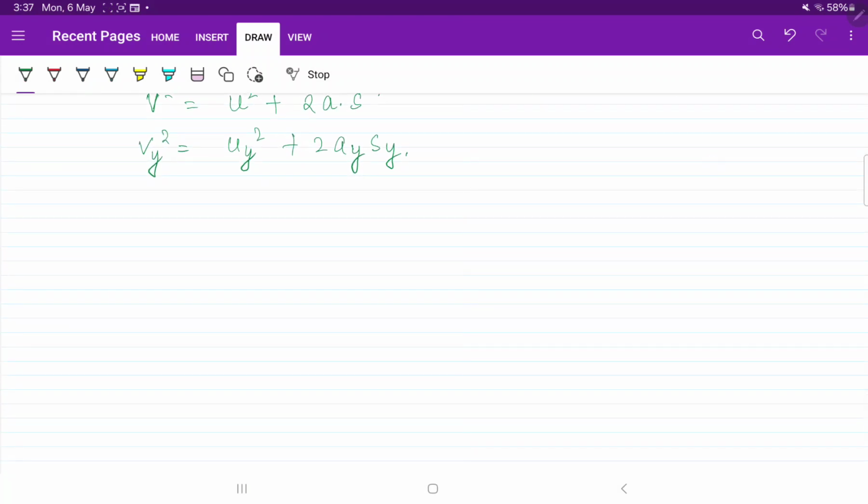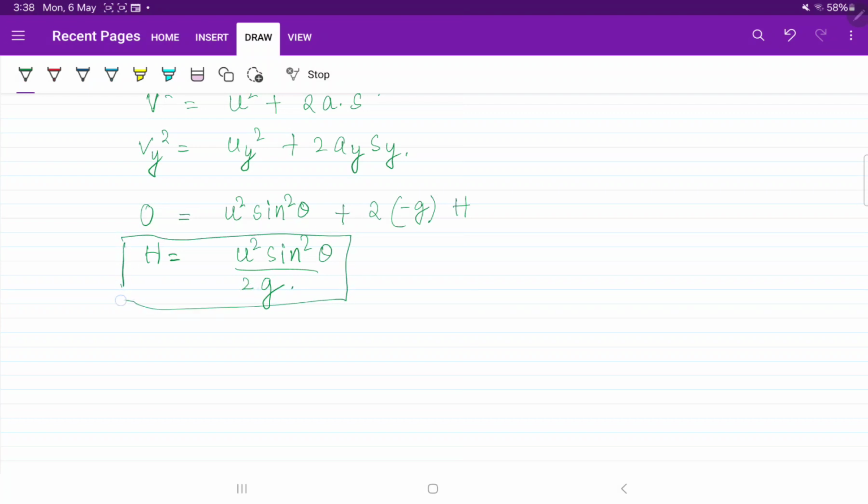So the final velocity at the highest point is 0, the initial velocity is u sin theta, so squaring, u square sin square theta, and as it is going upward we take it as minus g, and sy is the height, so h will be u square sin square theta by 2g.